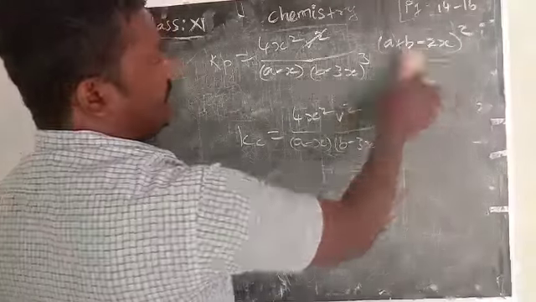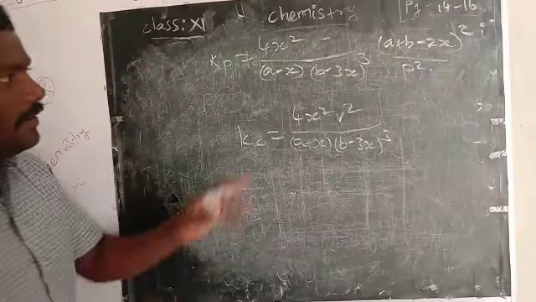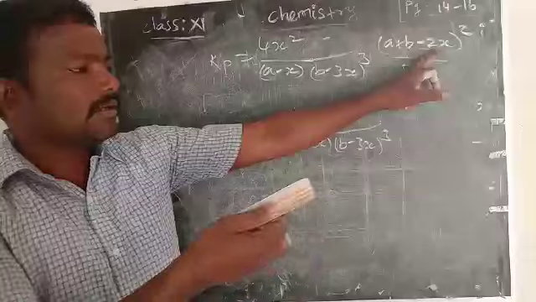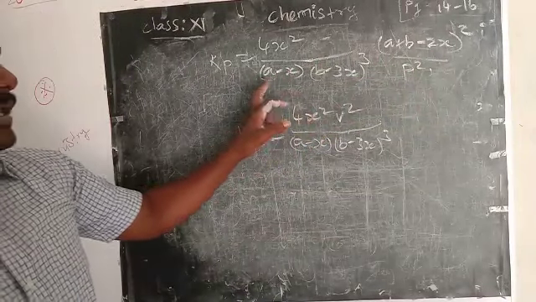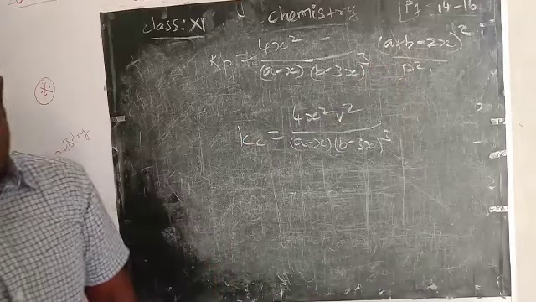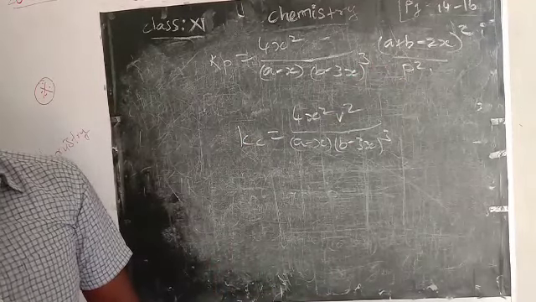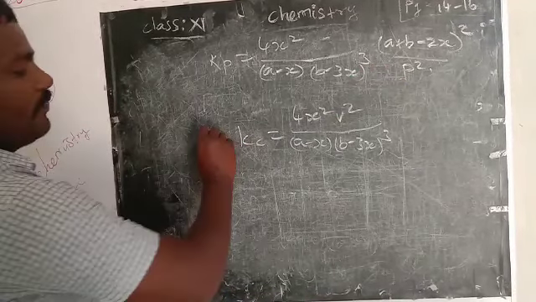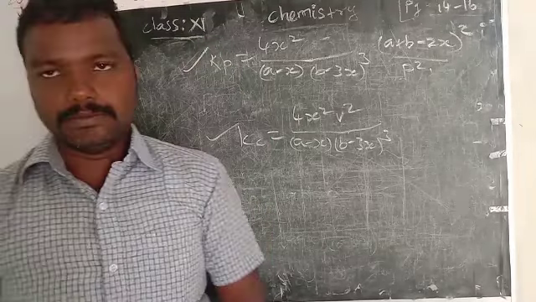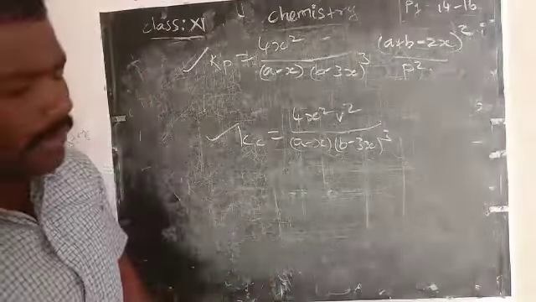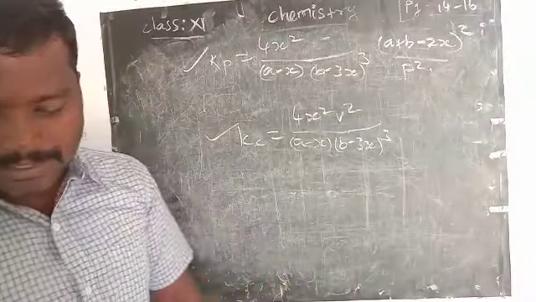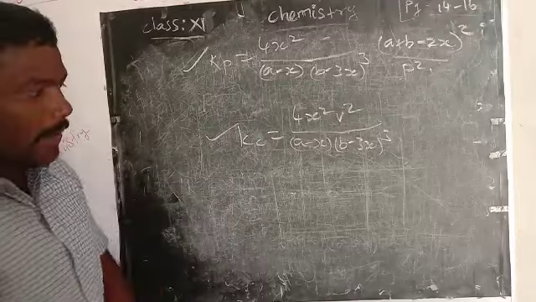So B squared, you just cancel it. 4x squared (A plus B minus 2x) whole square divided by (A minus x) B minus 3x cube B squared is the term for Kp. So we got Kp as well as the Kc term. By using this, we are going to do some mathematical calculation.